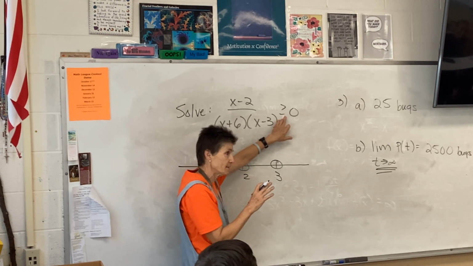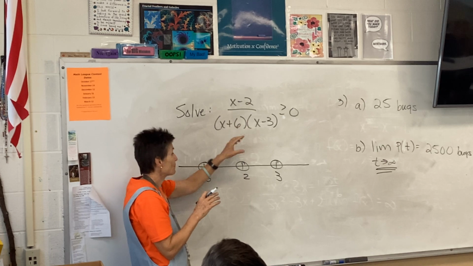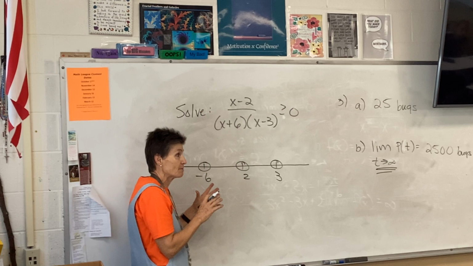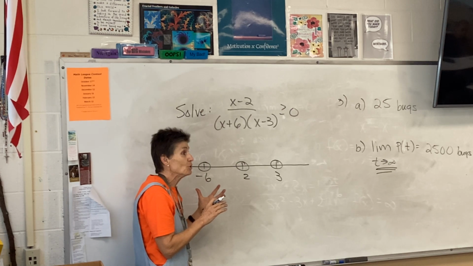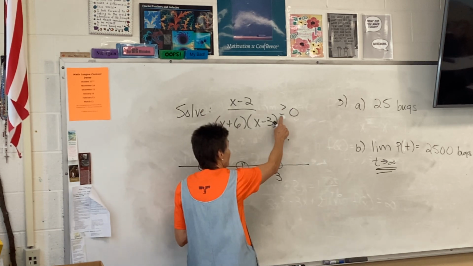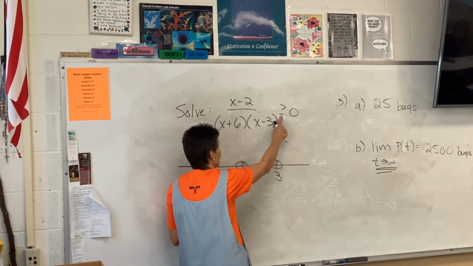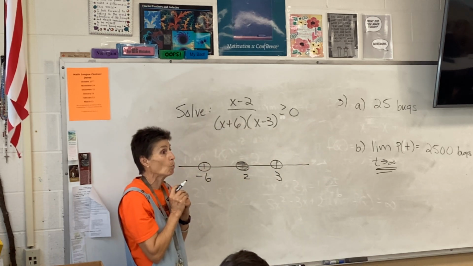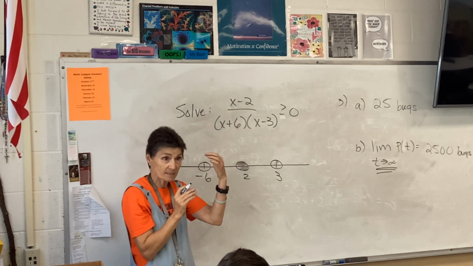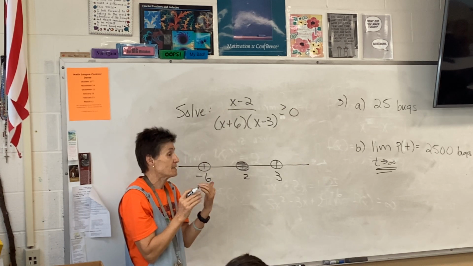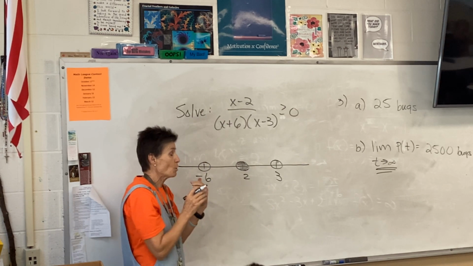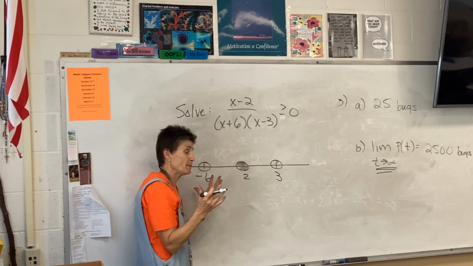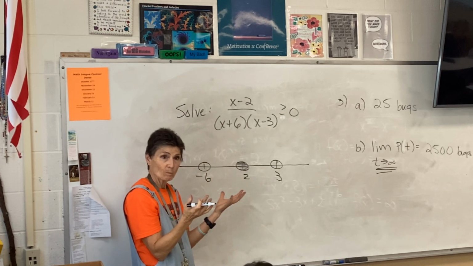But you can't in a rational function, because what would happen if I actually let x be -6? Bad news, right? So even though the symbol in the problem is or equal to, the only dot that's going to be able to get colored in is the one that comes from the top. Because the top can be 0, but the denominator can't. So no matter what the symbol is, denominator dots are open. They have to be. Does that make sense to everyone?